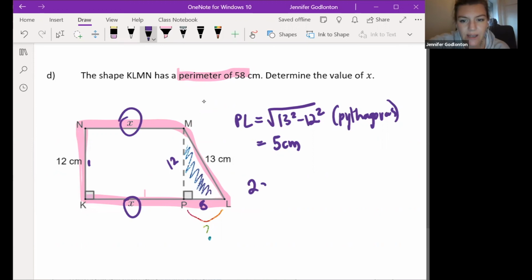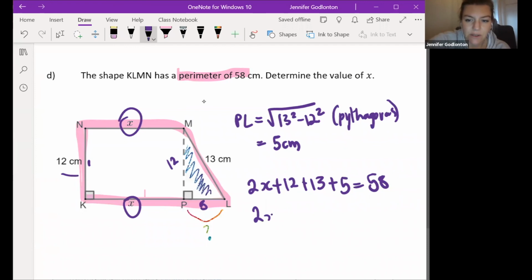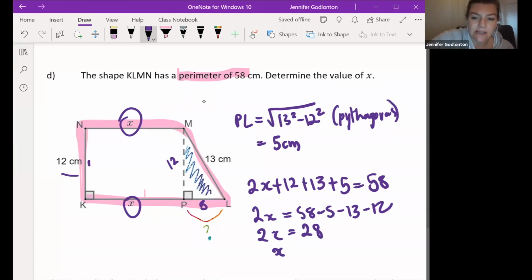So I'm going to say 2x plus 12 plus 13 plus 5 needs to give me 58. So that means 2x is equal to 58 minus 5 minus 13 minus 12. I'm just going to pop that on the calculator. That gives me an answer of 28, which means that x is going to be equal to 14 centimeters.